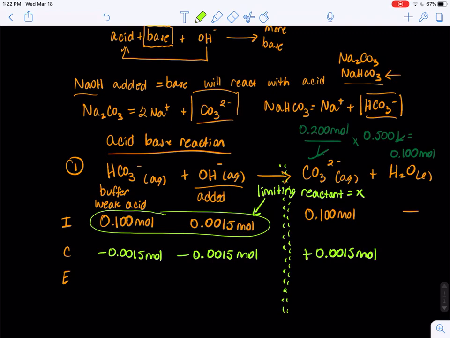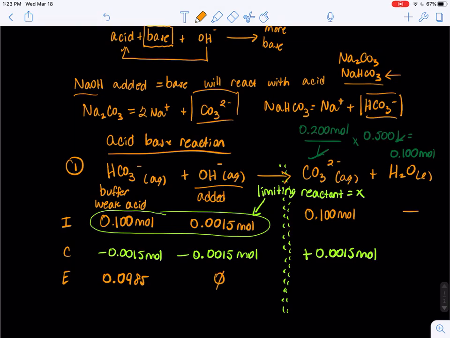And then we add the columns, right, to get the equilibrium values here. So 0.1 minus 0.0015 is 0.0985. And these two here are going to be 0.